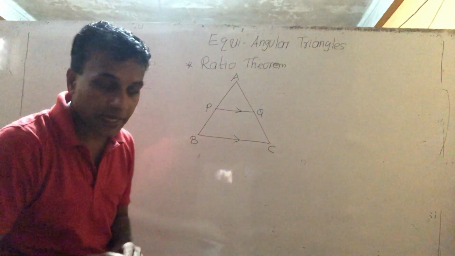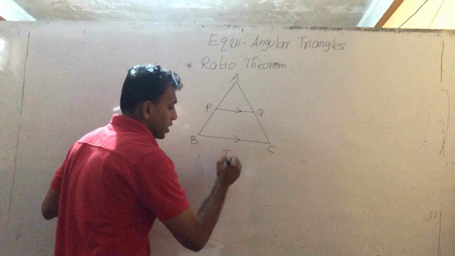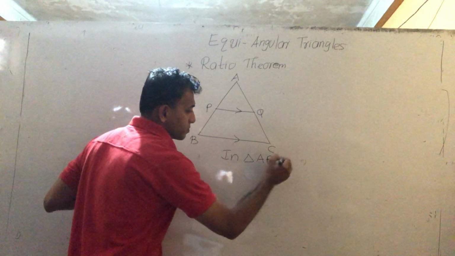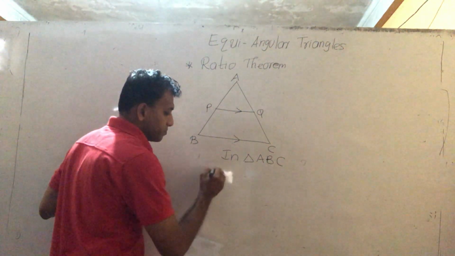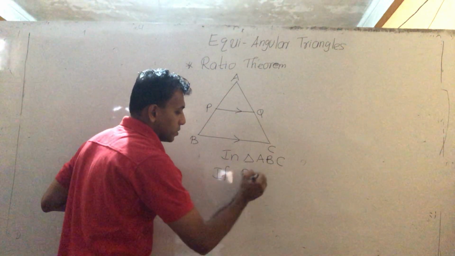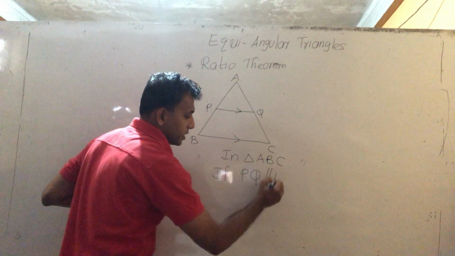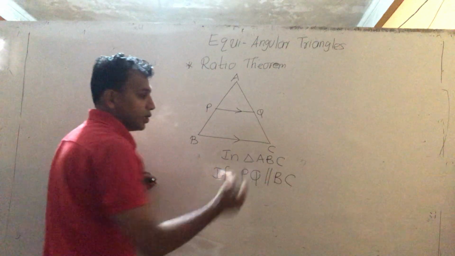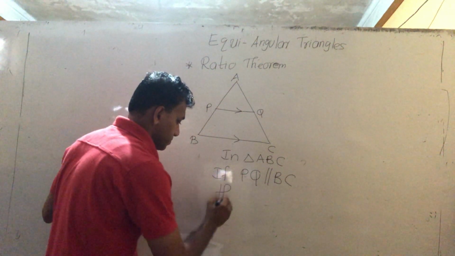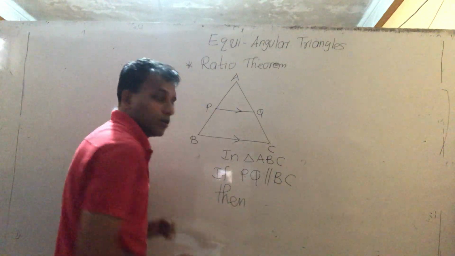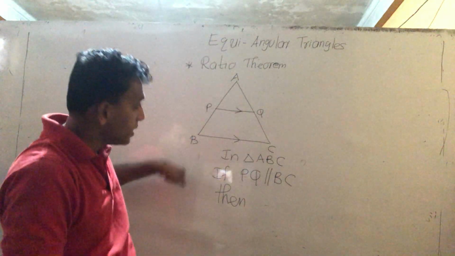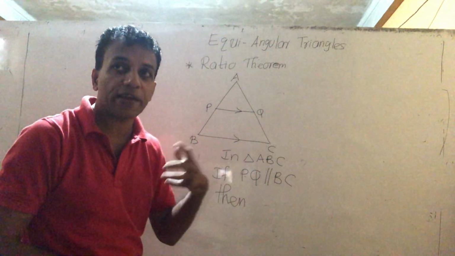So now what the theorem says: in triangle ABC, if PQ is parallel to BC, then the theorem says a line drawn parallel to a side divides the other two sides proportionally, in ratio form.